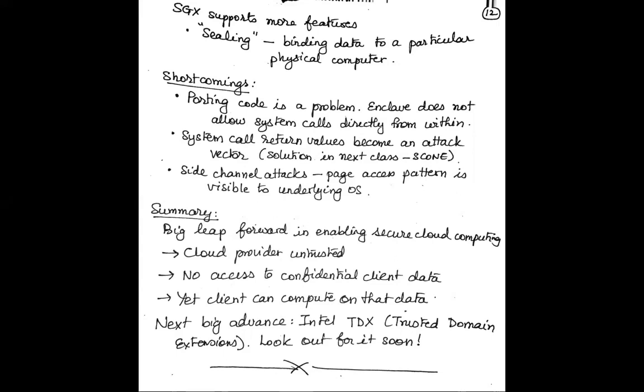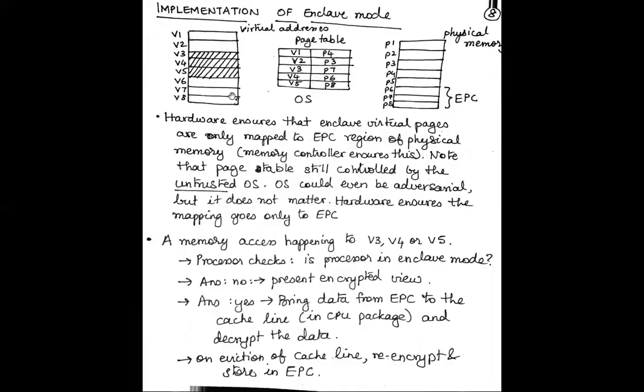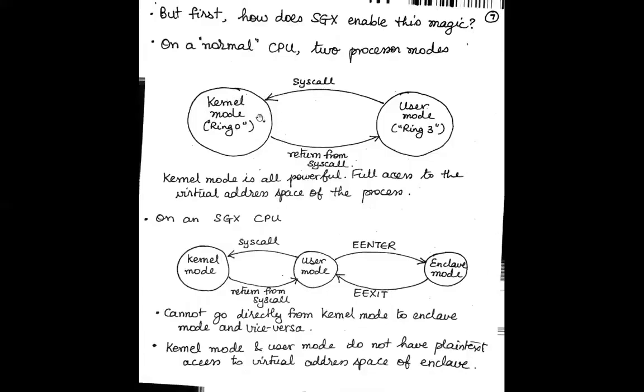Now, SGX is not without its shortcomings. There are plenty of shortcomings. In fact, the biggest shortcoming is, of course, developing code for the Intel SGX platform. You cannot just take an application off the shelf and run it. The reason is that if you're sitting in enclave mode, you cannot make system calls, and any interesting software makes system calls.